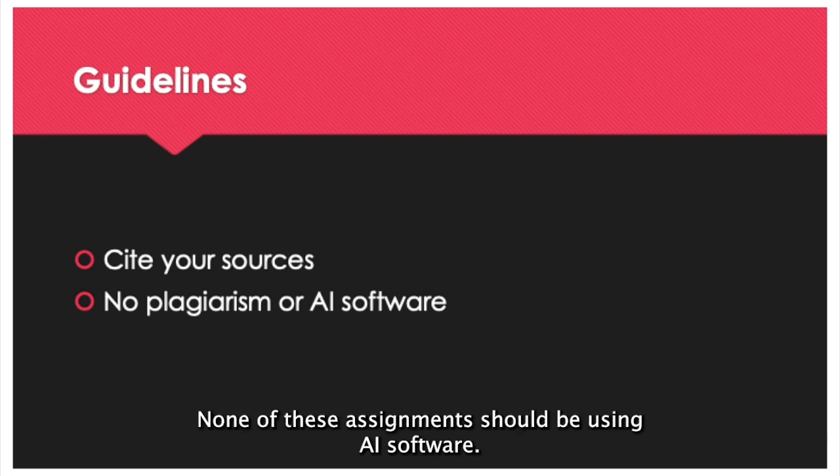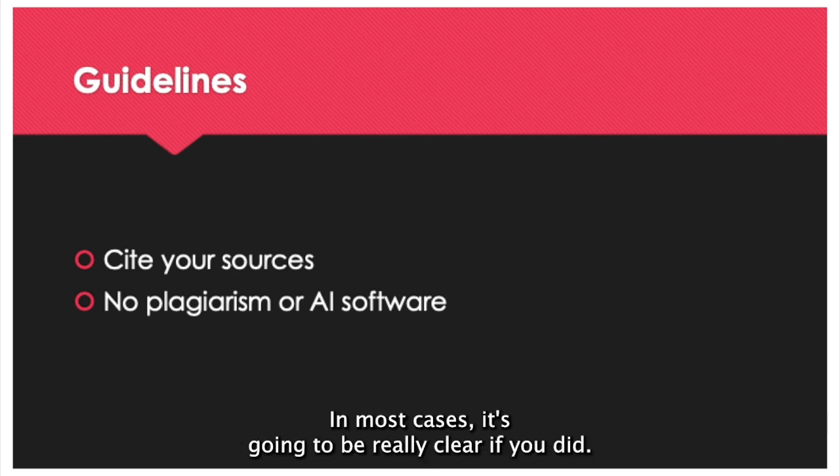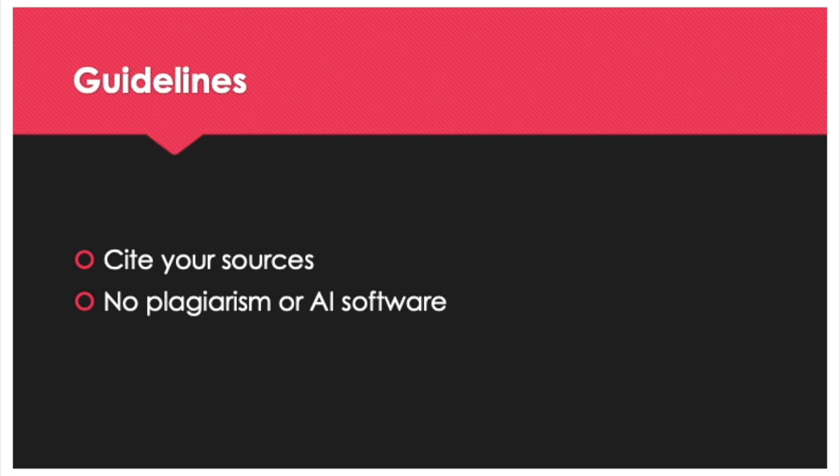In general, none of these assignments should be using AI software. In a lot of cases, it's going to be really clear if you did. So please just don't open that can of worms.